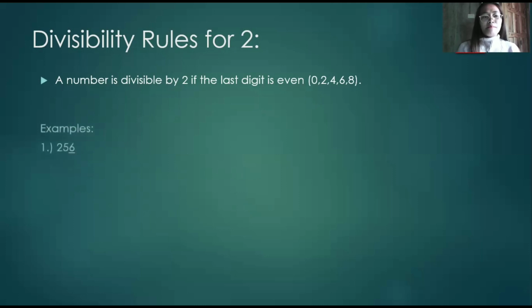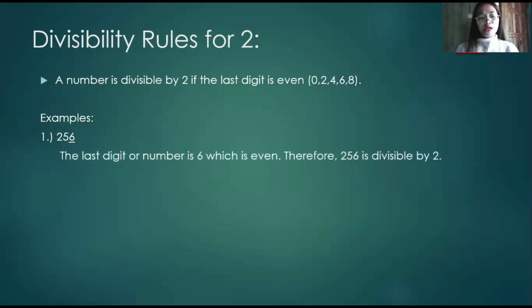So, examples. 256. We notice that 256 ends, or the last number, is 6. So 6, is it odd or even? It's an even number. So automatically it is divisible. The last digit is 6, which is even.